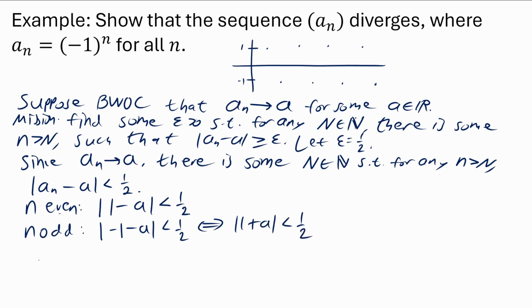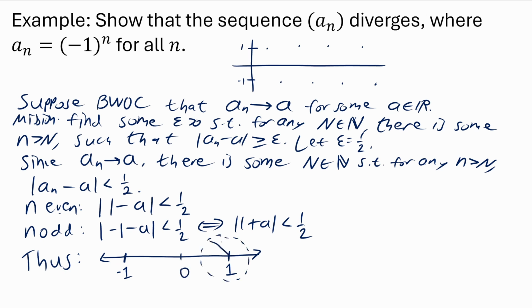Okay, then that means, let's draw a little number line here. Boom, boom. So here's 1, and here's -1. We know that the distance between 1 and a is less than 1/2. So here's 0.